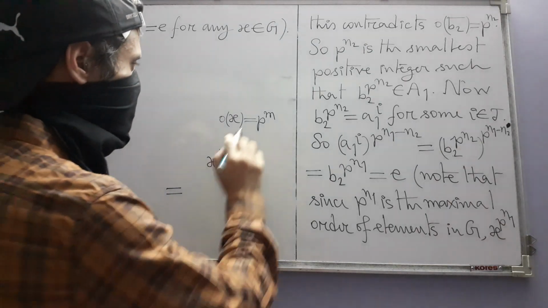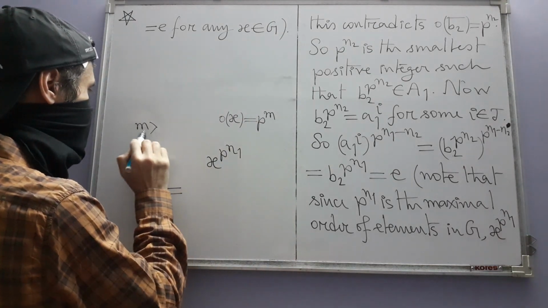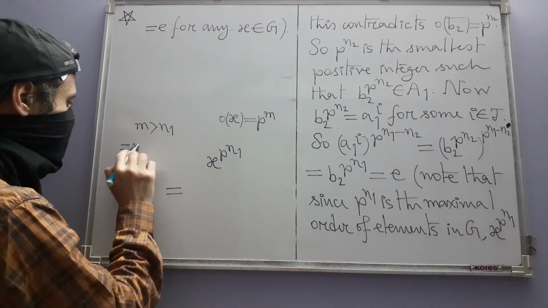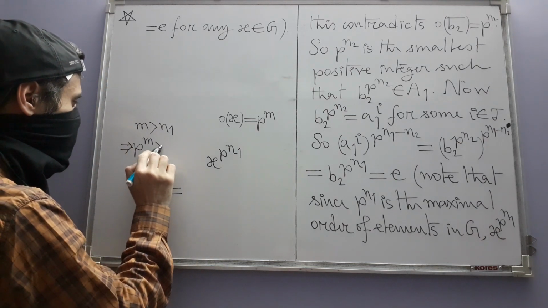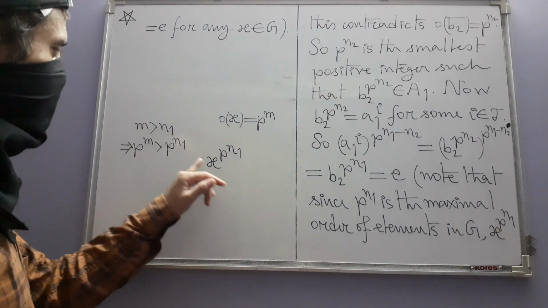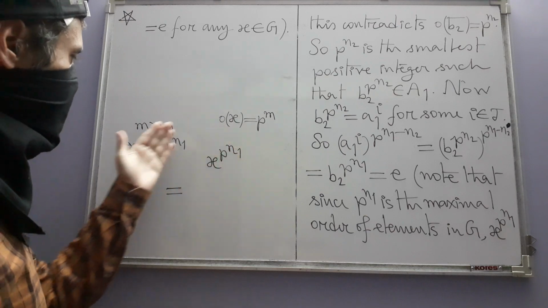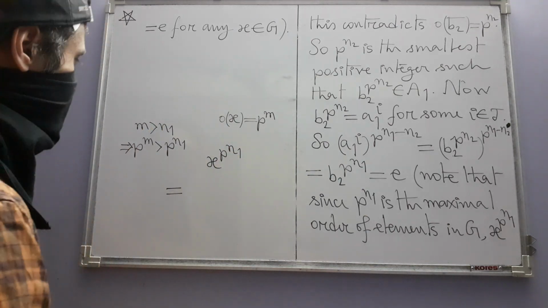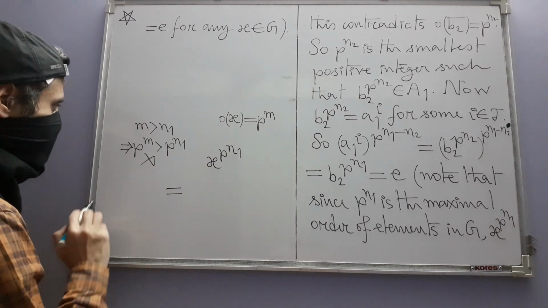Now, can this m be greater than n1? Of course not, because otherwise p to the power m will be greater than p to the power n1. But then the maximal possible order is exceeded by the order of x. But then it is not maximal, and that is why this cannot happen.